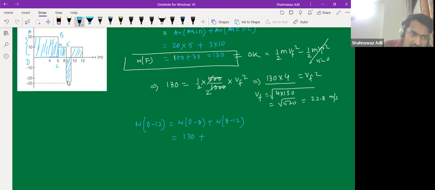This part is minus 20, this part is minus 20, and from here to here this is 2, right? So this would be minus 40, right? Clear, guys?